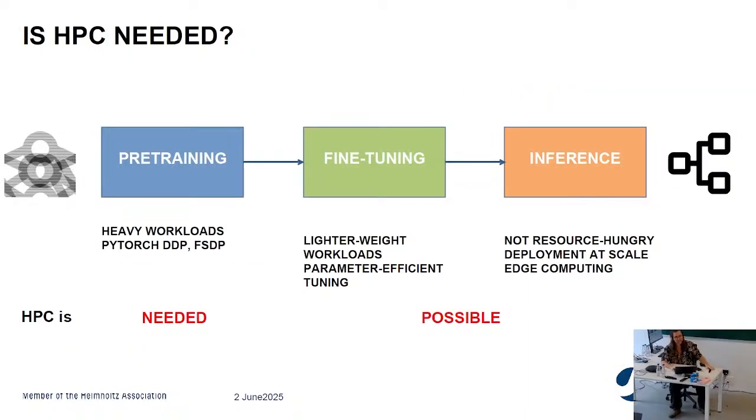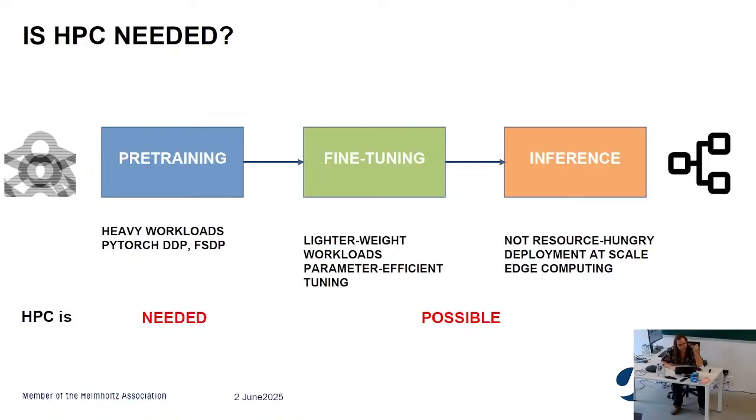And HPC then, is it needed? Well, I hope that by now I have convinced you that yes, it is needed. It is needed for sure in the first phase, so for pre-training, because that's where massive datasets are used in self-supervised learning. That's where these techniques that Alexandre was talking about, so data parallelism, and in our case not model parallelism yet, but who knows, sooner or later it might happen too.